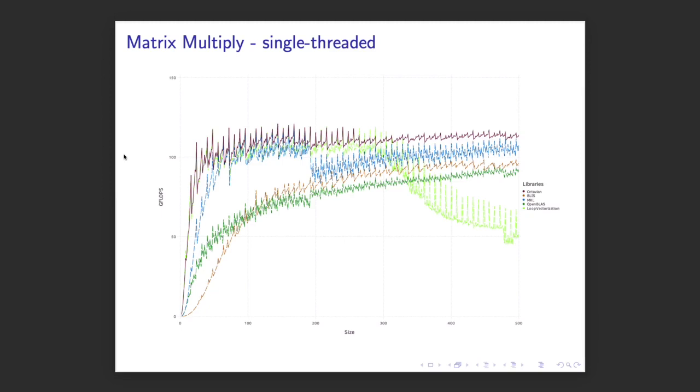Now, LoopVectorization's ability to get excellent performance on such kernels is already well known in the Julia community, but it bears emphasizing again, because this is sort of taken as the gold standard of well-optimized routines, and is also a building block of many other functions.